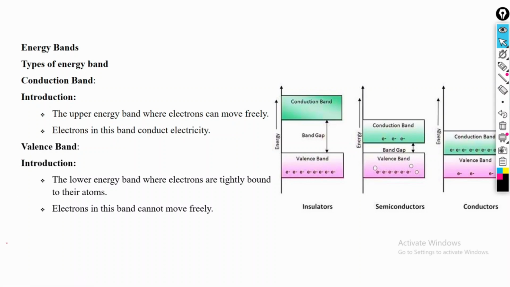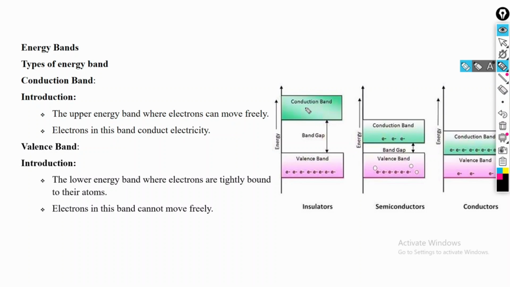On the other hand, we have the valence band. This is the lower energy band where the electrons are tightly bound to their atoms, and it will be occupied. The electrons in this band cannot move freely.